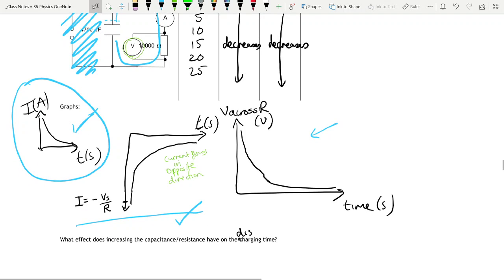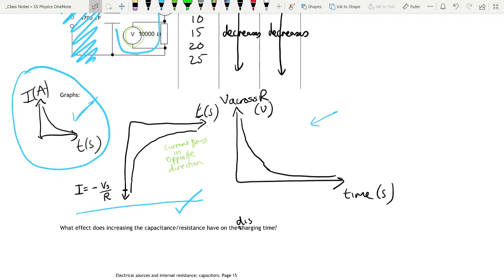And what effect does increasing the capacitance or the resistance have on the discharging time? So again, think about that bucket. If you have a big bucket and you put a hole in the bottom, it will take longer for the big bucket to release all of the water in it than it would a smaller bucket. So increasing the capacitance increases the discharging time. And also resistance. If you have a faster flow of water, you've got less resistance.